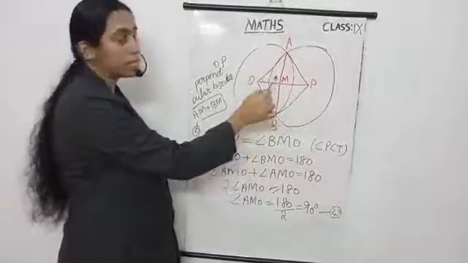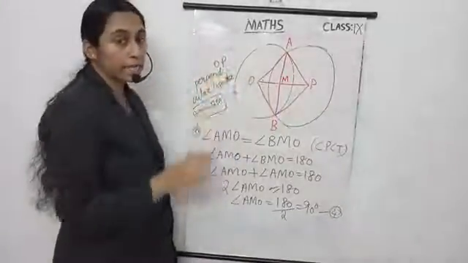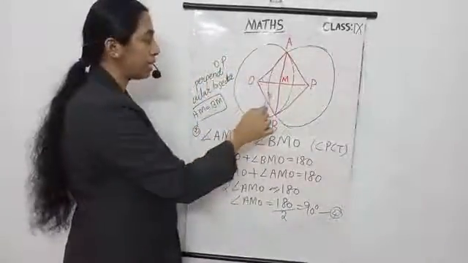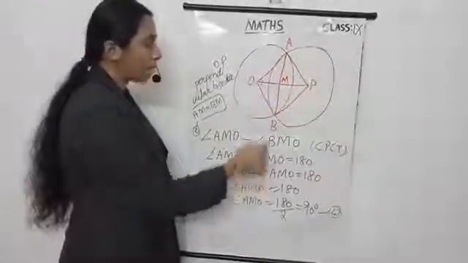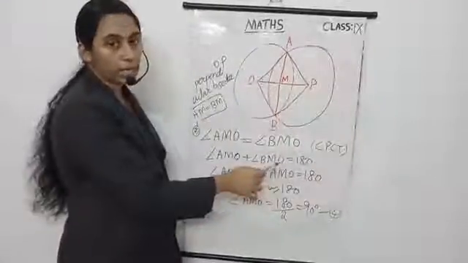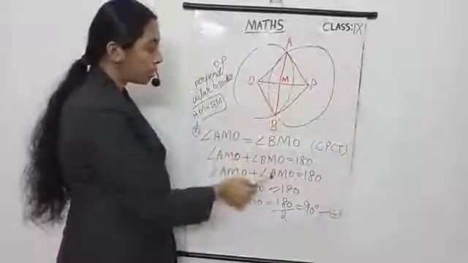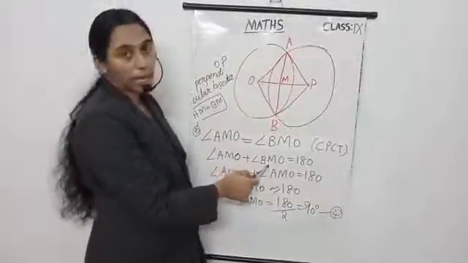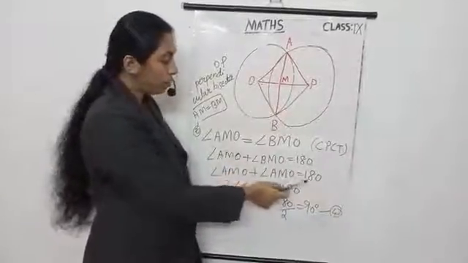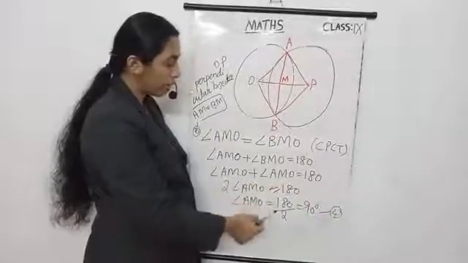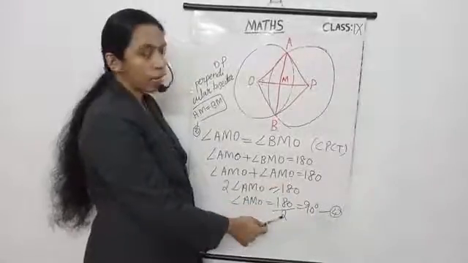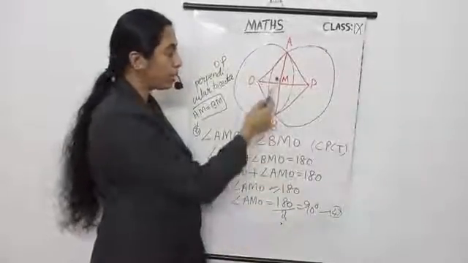Now this is a linear pair. That means the sum of these two angles is equal to 180 degrees. So angle AMO plus angle BMO equals 180 degrees. Then both are equal, so replace angle BMO with angle AMO. Then 2 angle AMO equals 180, so angle AMO equals 180 by 2, which gives 90 degrees.